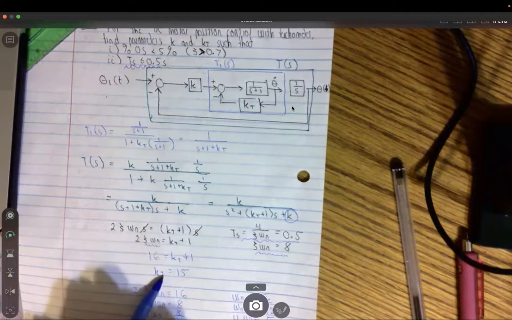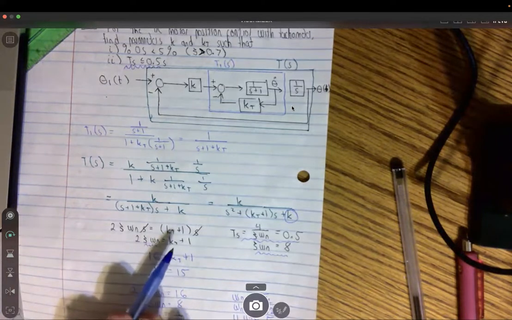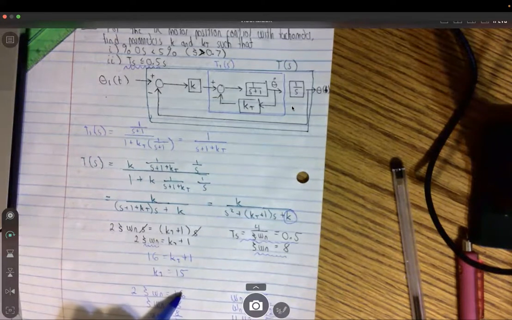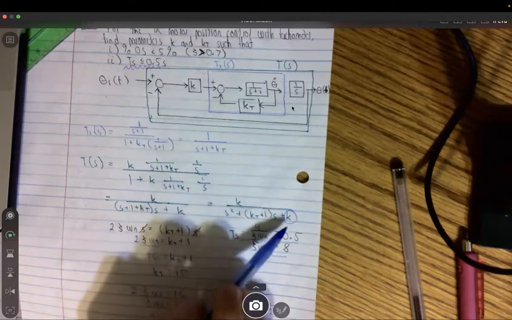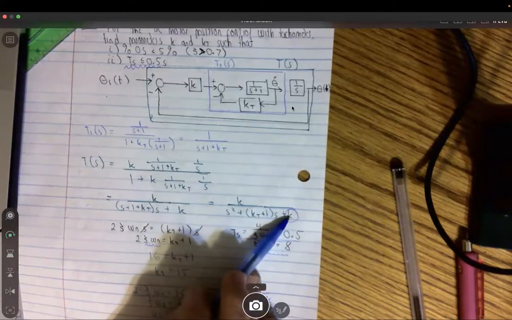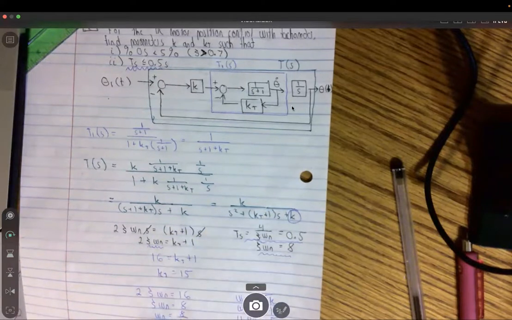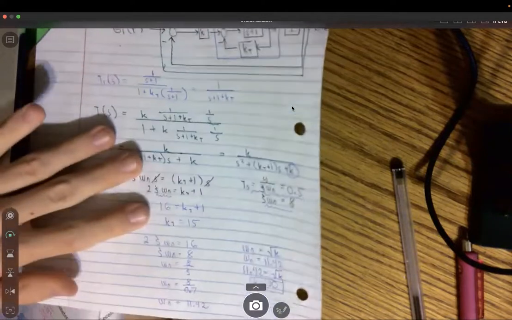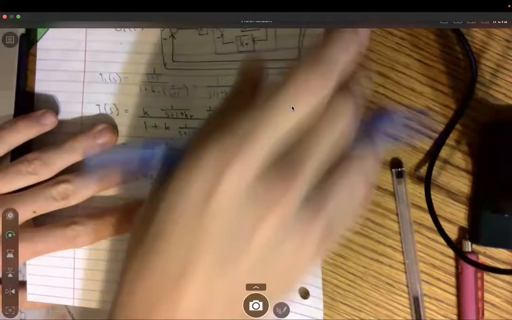Plug that in here, we got the kt, and then using that value, what we know the right-hand side of the equation must be, we solve for omega n. With that value for omega n, we can find out what the value of k must be, because omega n is equal to the square root of that term. So we got 130, and that's how we got our result using that design problem.